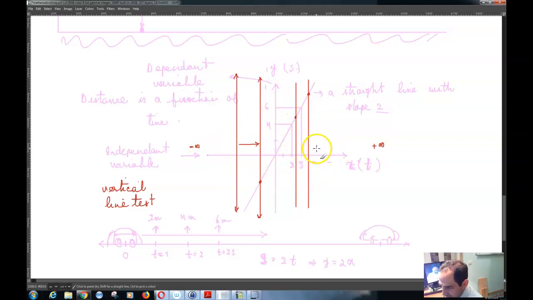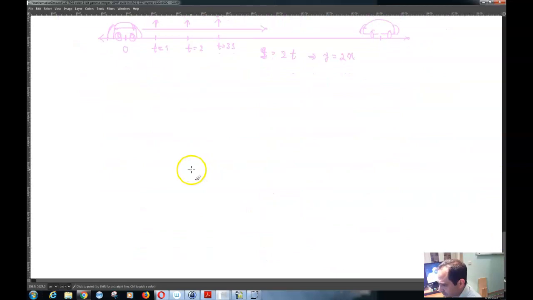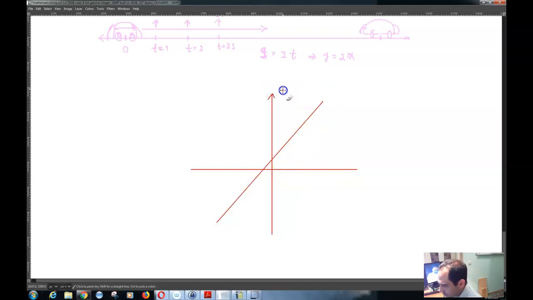If that is the case, then you can call this relationship between x and y a function, meaning that for any distinct input, you have a distinct output related to that input. At this input, again the same story.